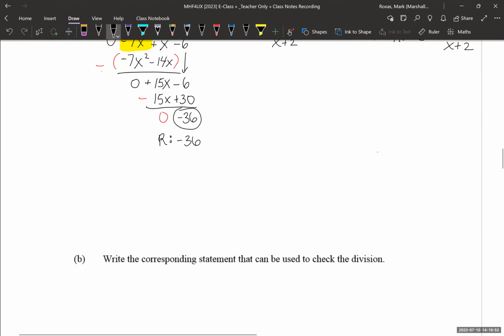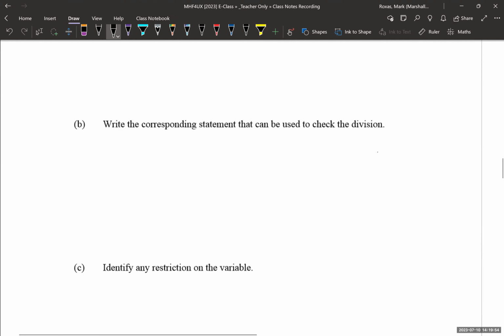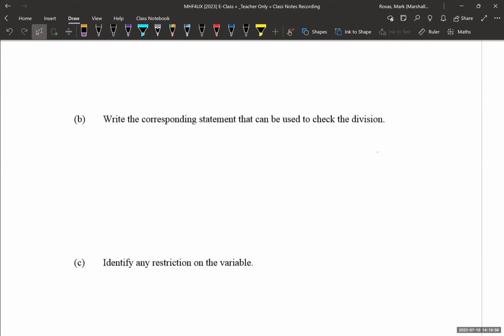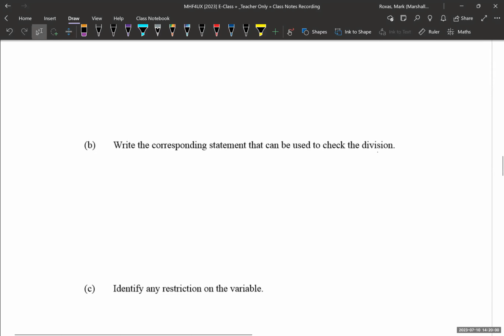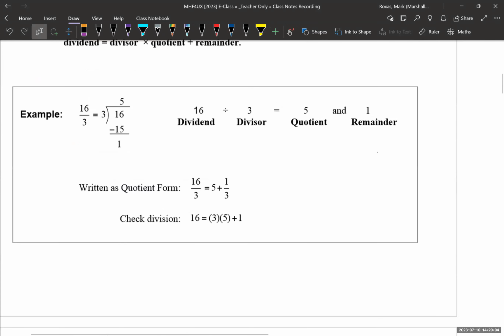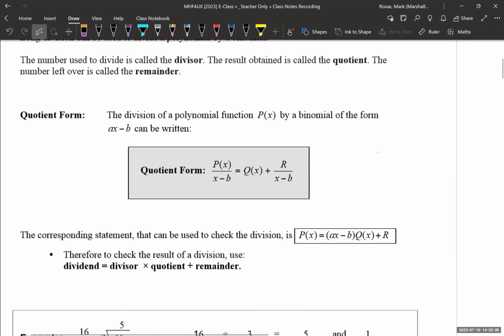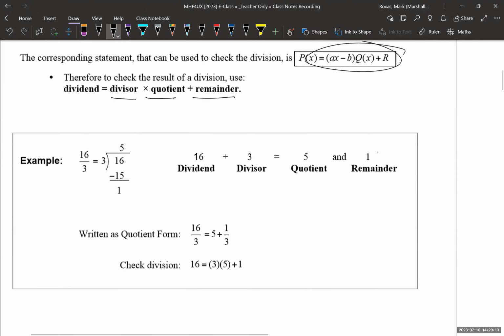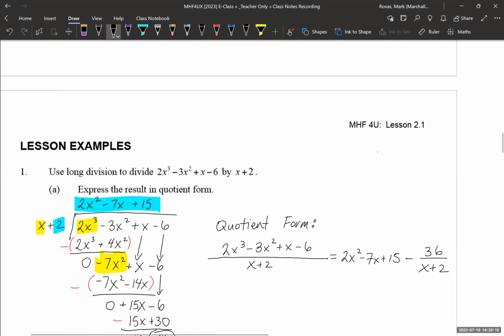In part B, write the corresponding statement that can be used to check the division. So here, the corresponding statement simply says, well, let's review what the corresponding statement up here is. So corresponding statement, divisor times quotient plus the remainder in this form. Okay, so let's write that down.